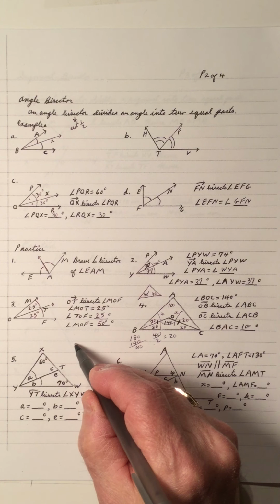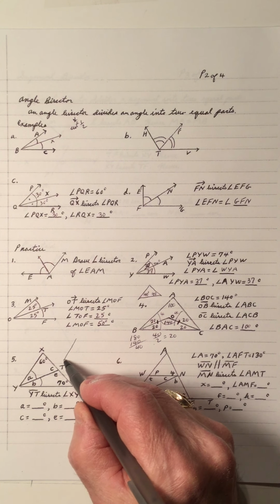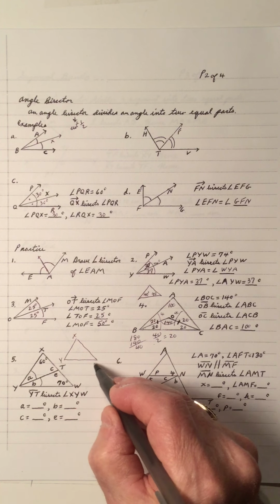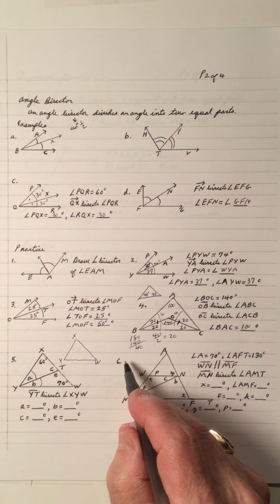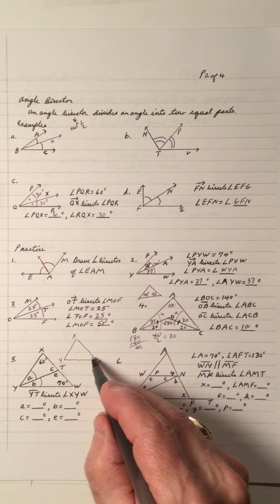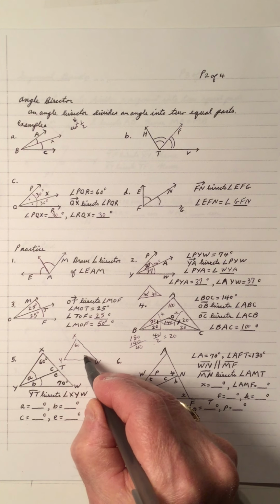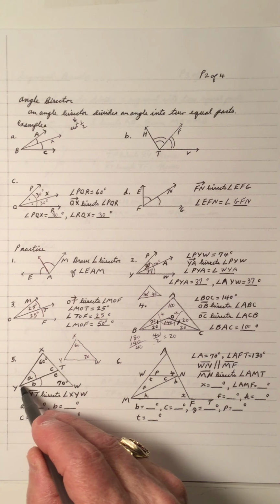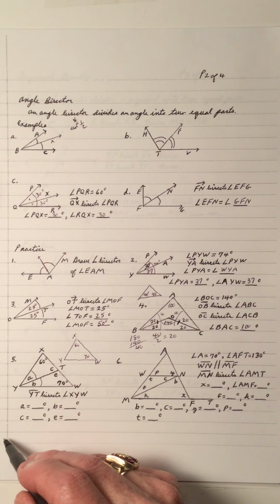So if I look at the big triangle, which is this one, X, Y, W, I've got a 60 and a 70. What's interfering with this is that I've got this triangle split into two triangles.